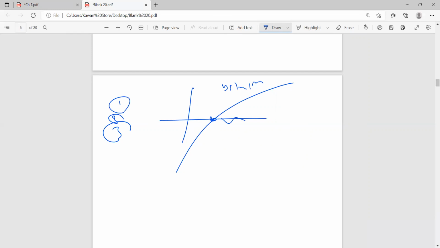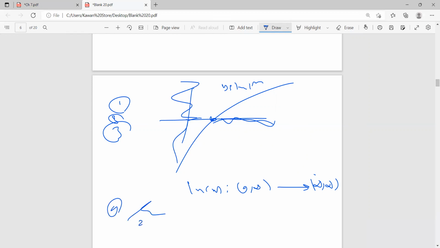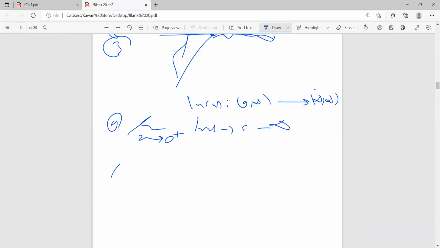The domain was from 0 to infinity, on the x-axis and y-axis. And also we say the limit, the important thing here, as x approaches positive 0, ln of x is equal to minus infinity. And also I gave you, as x approaches infinity, ln of x is equal to infinity.